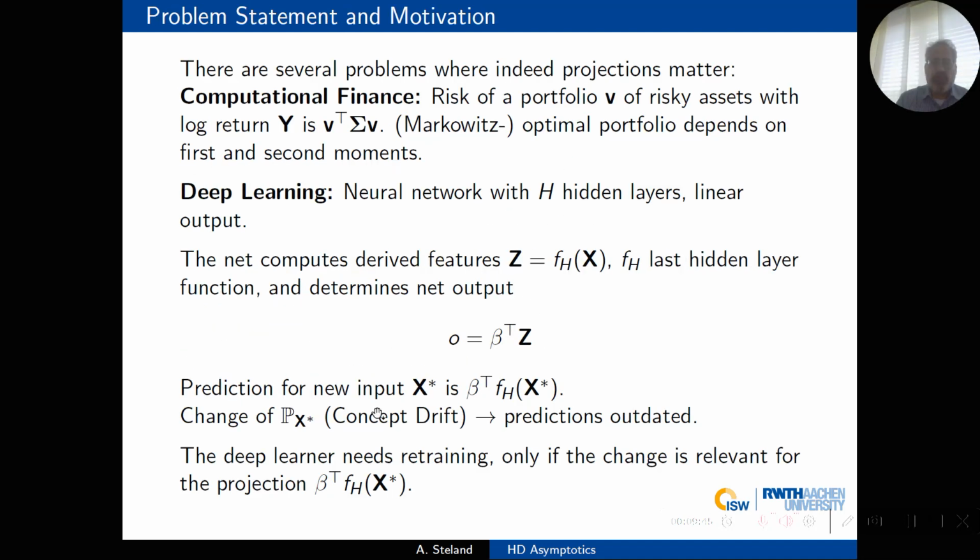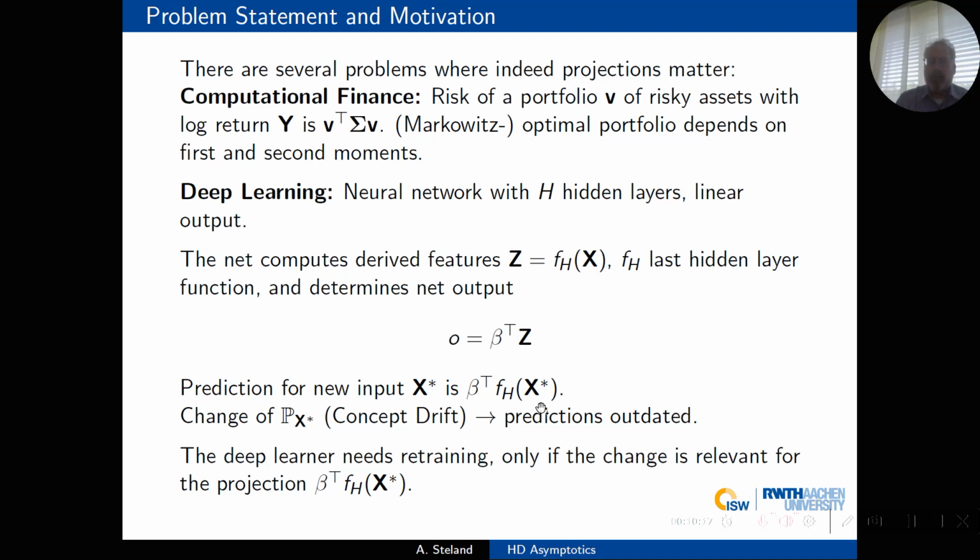And the prediction for a new input X star is computed by putting this new input into the net, so computing fh of X star, and then this inner product, beta prime fh of x star. So this means if we have a change of the data, what is now also known as a concept drift in machine learning, then the predictions are usually outdated.